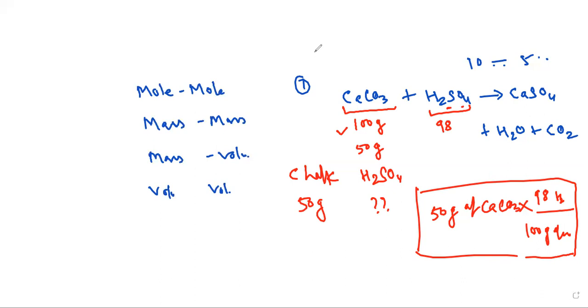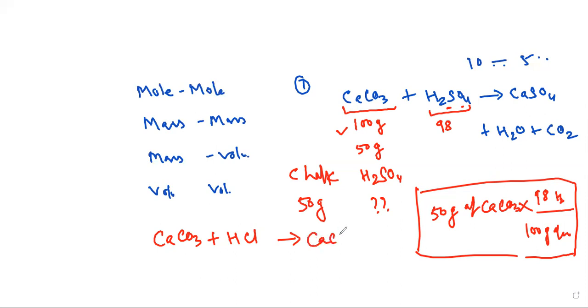Next, mass volume relationship. This time you have to calculate CaCO3 and HCl. So, what will be the product formed?